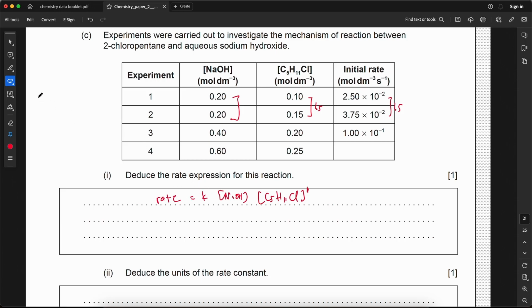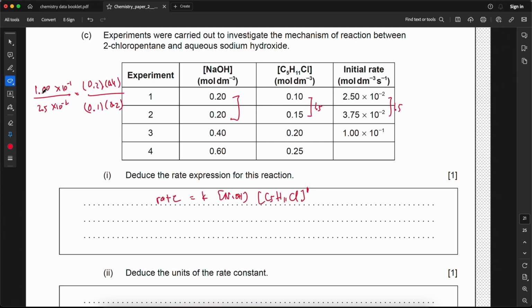Let's see the calculation. If I take the first experiment and the third experiment, that would be 1.00 times 10^-1 divided by 2.5 times 10^-2, so that would be 0.2 times 0.4 divided by 0.1 times 0.2.